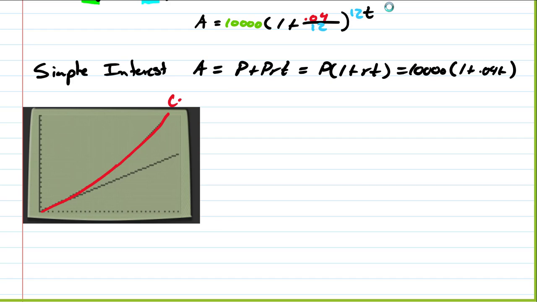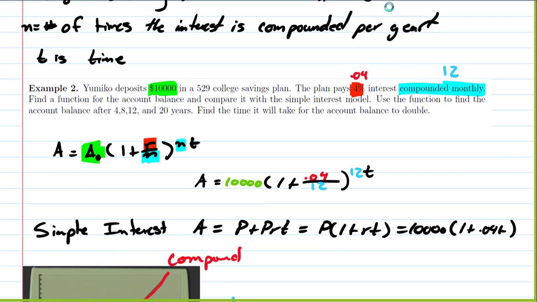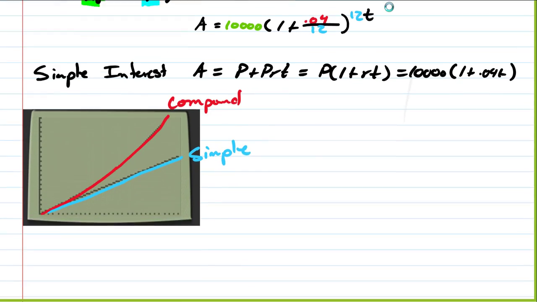That's our compound, and this is our simple. All right, so we wanted to know, well, we found our function, so done. Use the function to find the account balance after 4, 8, 12, and 20 years.